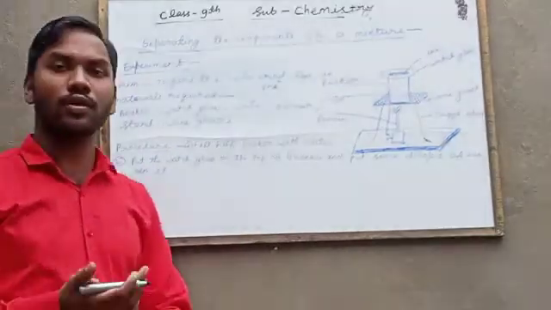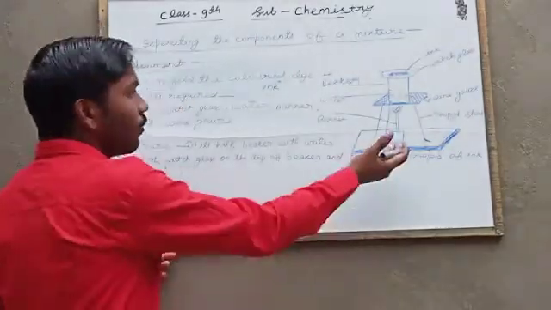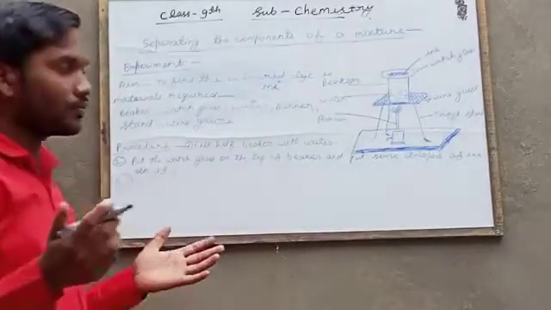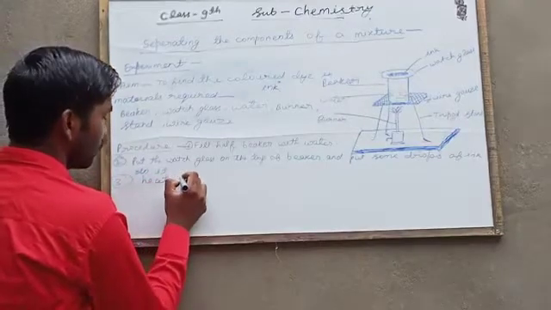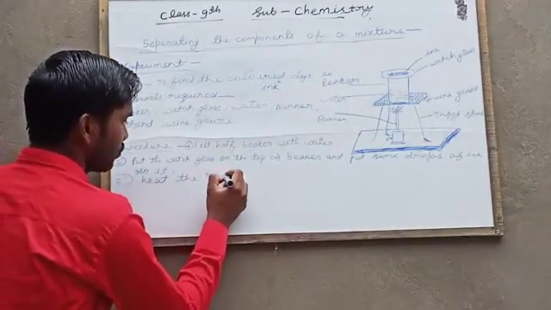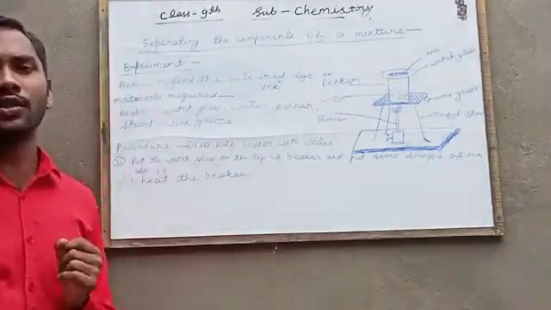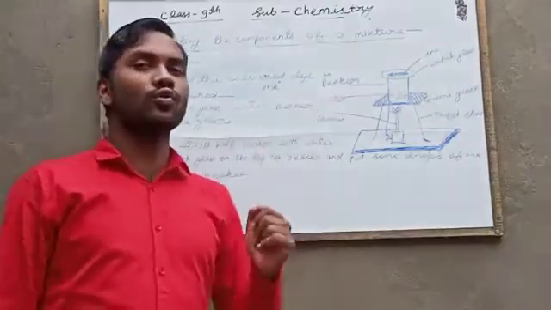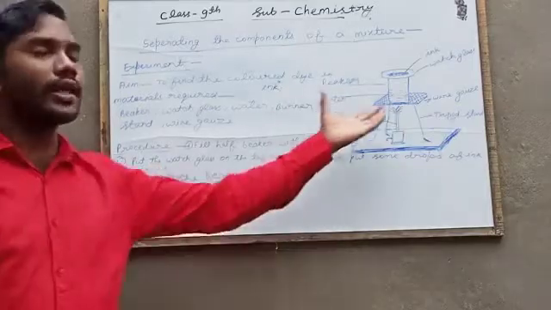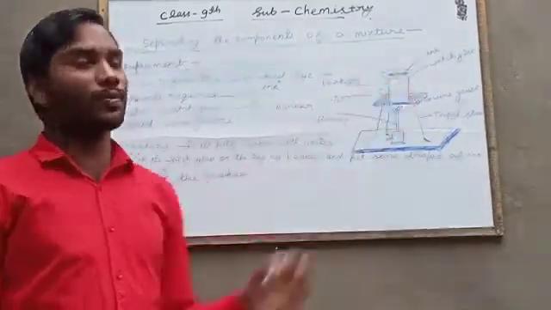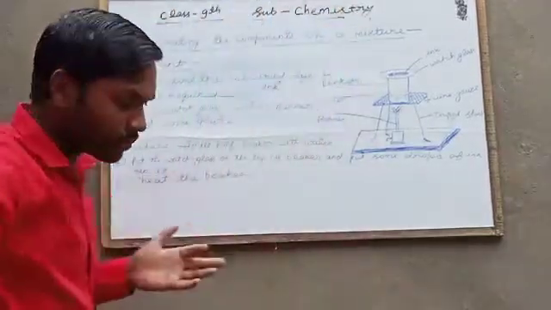Third step: after that, we will heat the beaker. In this process, we are heating the ink also, not directly but indirectly, because when we heat the beaker, the water evaporates and the vapor will hit the watch glass and ink.